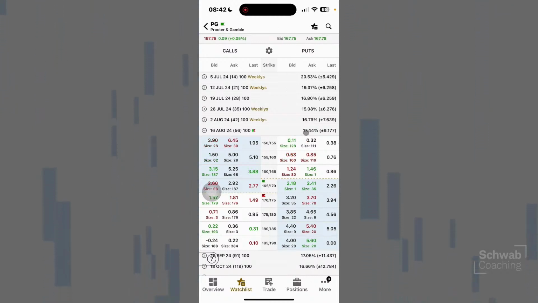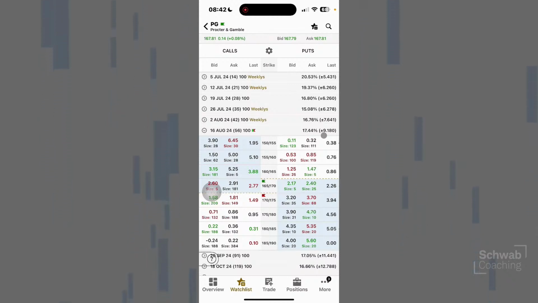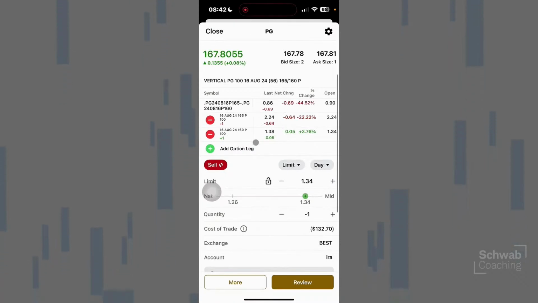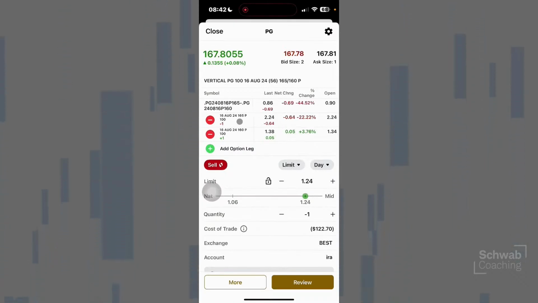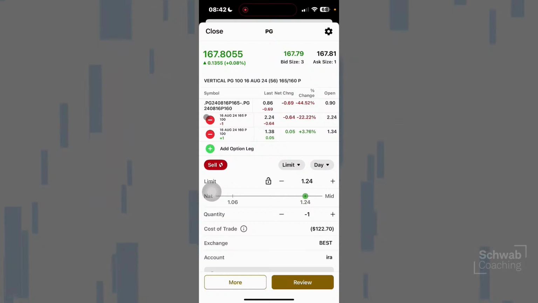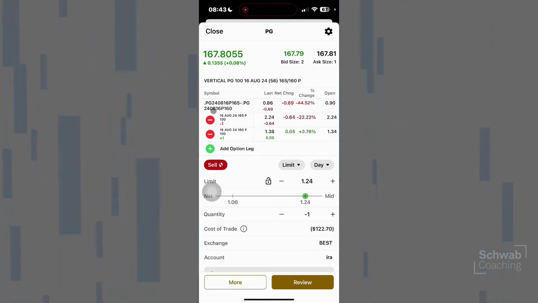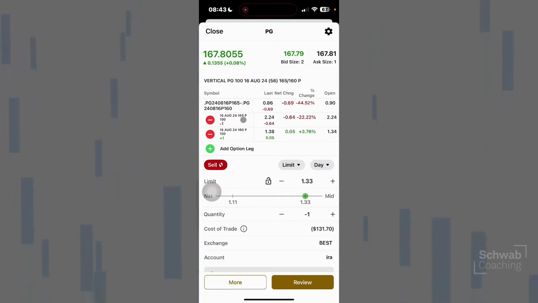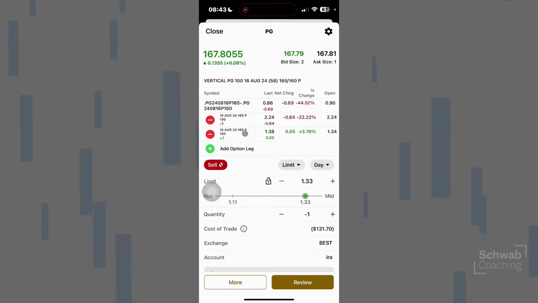And remember, we can see what the implied volatility is and the expected move from now until expiration. So if I click on that 126 with our finger, you're now going to see that we're selling what? Now remember, do not get confused. This is if we want to take this off, and we're going to see that in just a moment with the rolling order, okay? We're selling the 165, the higher strike, and then we're buying the 160 strike.